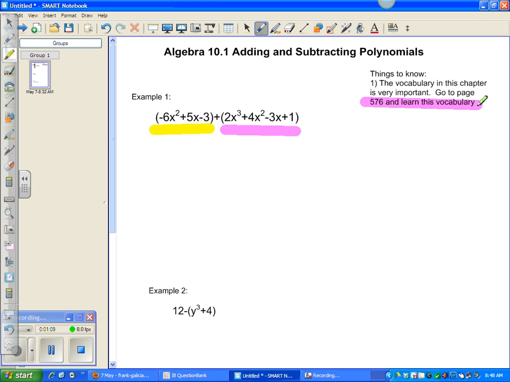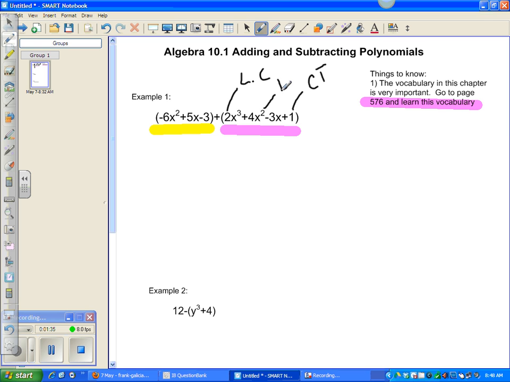So let's go with some vocabulary really quick. This number here is the leading coefficient. I'm going to put L.C. so you can remember that. The constant term in this situation is the one constant term. And this here, the exponent, is called the degree.